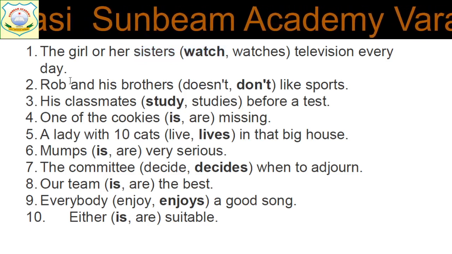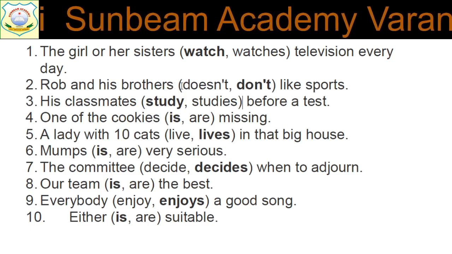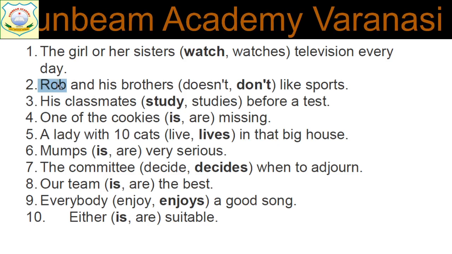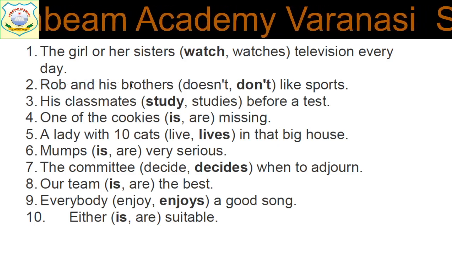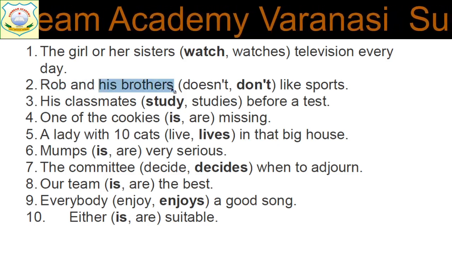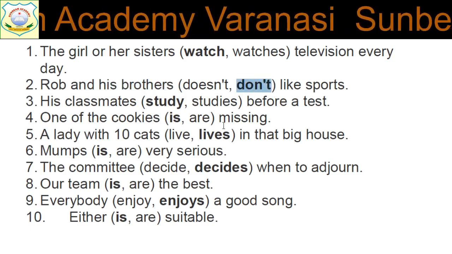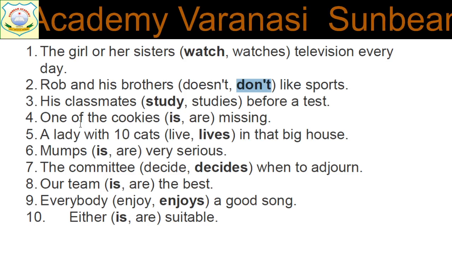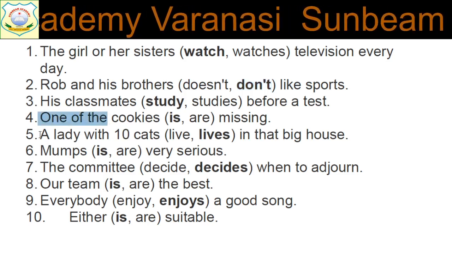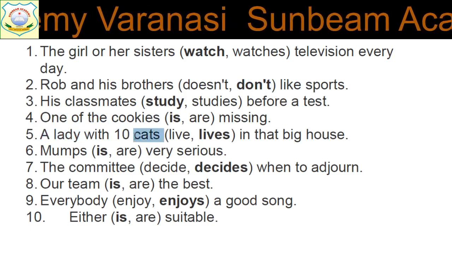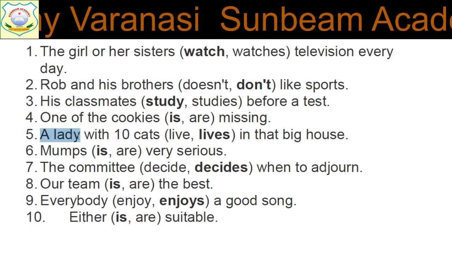Next is Rob and his brothers don't. Here again, Rob is the first subject, then the conjunction, and the second subject is in plural form and is nearest to the verb. So you will use the plural verb don't. The one of concept is already discussed, a lady. You're talking about a lady with 10 cats, which is plural, but the main subject is a lady.